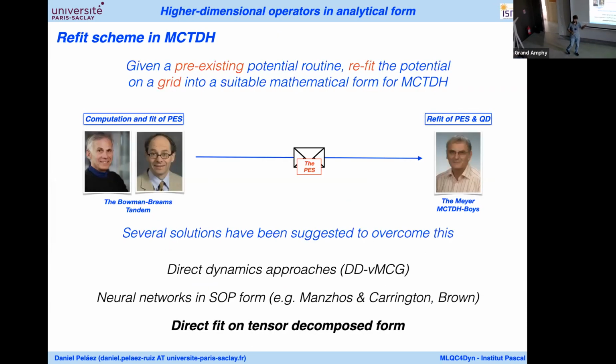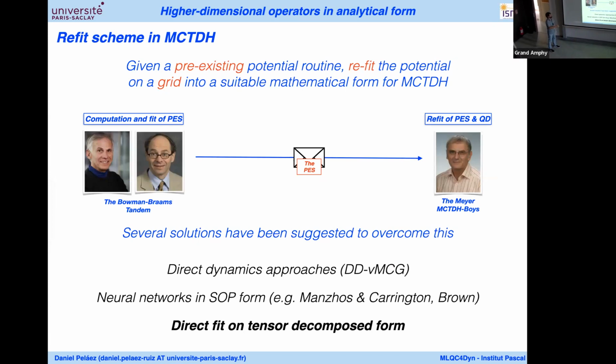But before that, let me come back a bit to the big picture. Essentially, when you do quantum dynamics, there was a decoupling between the community of quantum dynamicists, people who have the know-how of how to do wave packet propagation, and the people computing the potential. That's what I represent here.